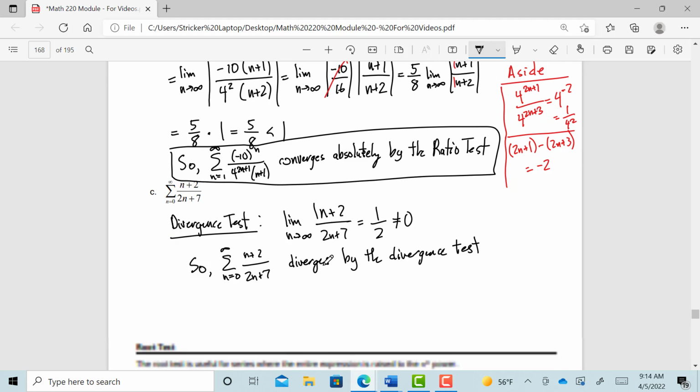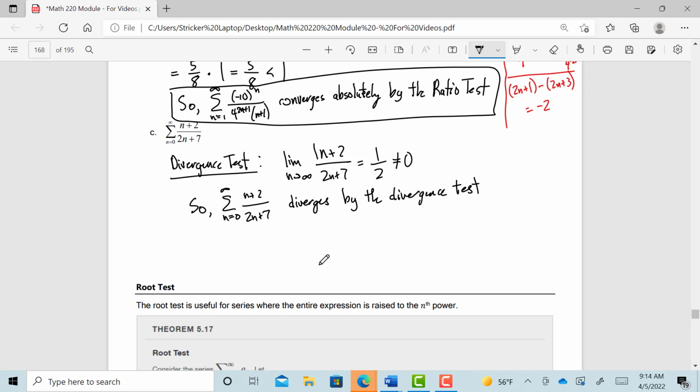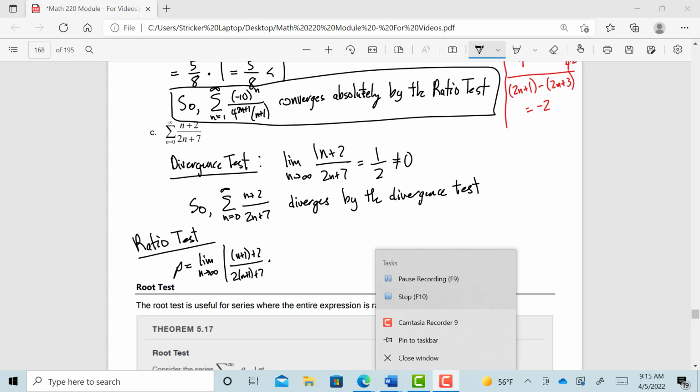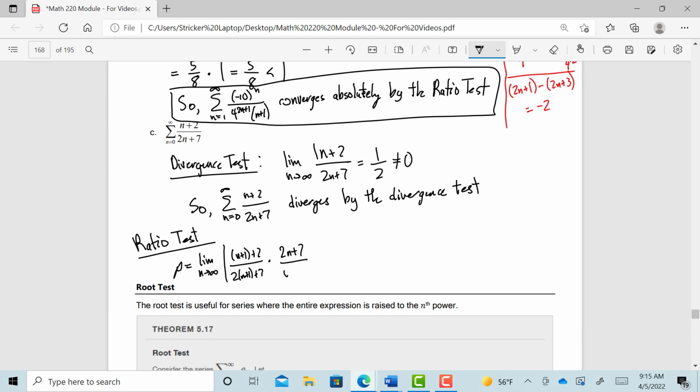If we were to actually use the ratio test, we would see that it would be what? Well, what would we get if we tried that? So if we tried to find rho by taking the limit as n approaches infinity, we would have n plus 1 plus 2 over 2 times n plus 1 plus 7 times 2n plus 7 over n plus 2.